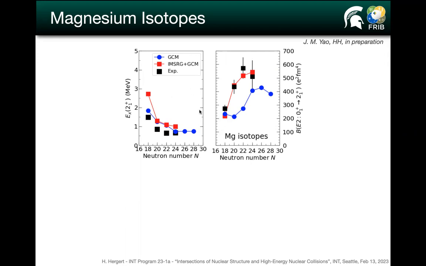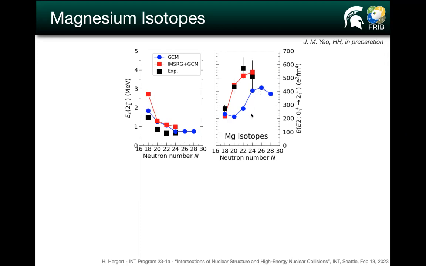Okay. So what's shown here then are the same observables as before, 2+ energies and BE2s. So we see that the GCM with the chiral interaction actually doesn't do all that badly on the 2+ energies, because this is very closely associated with collective correlations. In fact, the medium SRG bumps up the 2+ energy in magnesium 30, which I believe we understand.